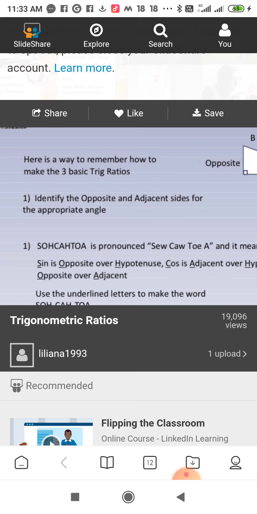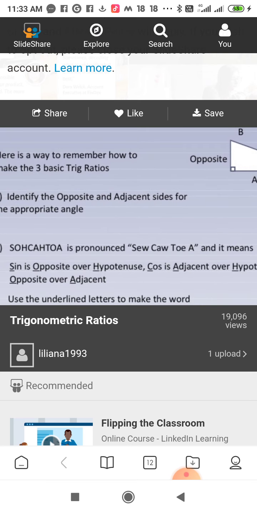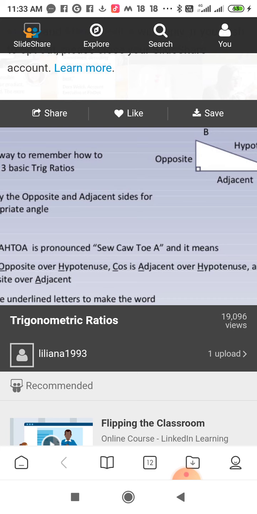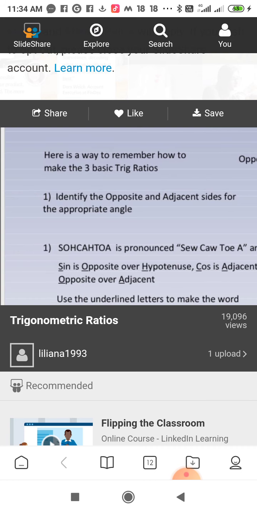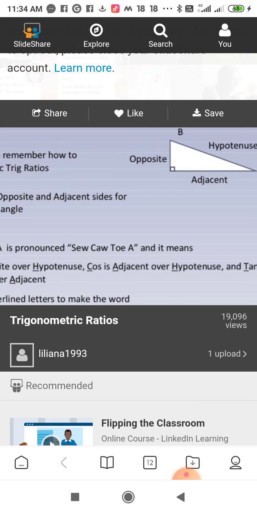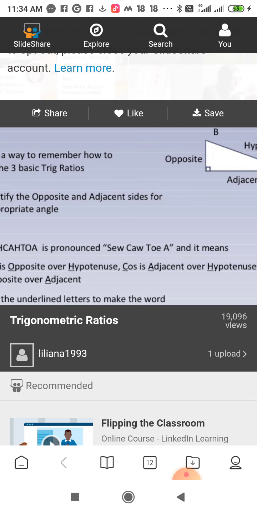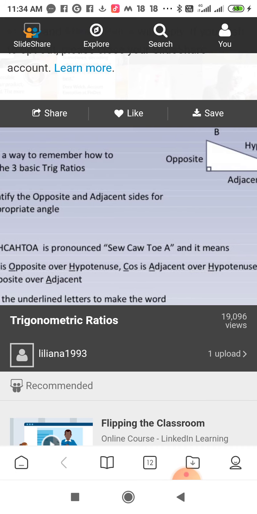Identify the opposite and adjacent sides for the appropriate angle. SOH CAH TOA, and it means sine is opposite over hypotenuse, cosine is adjacent over hypotenuse, and tan is opposite over adjacent.